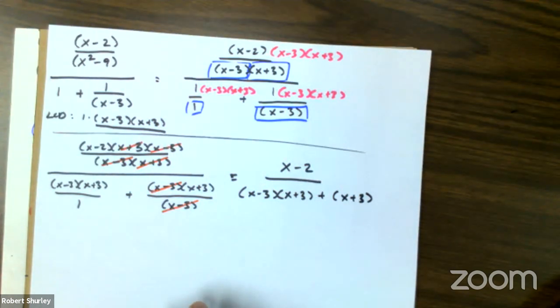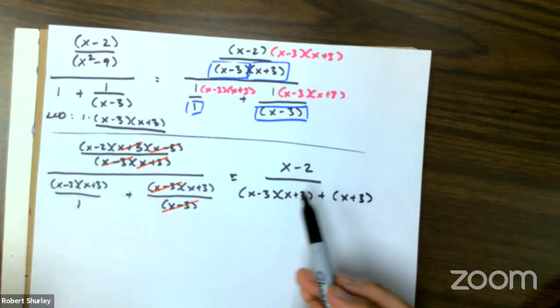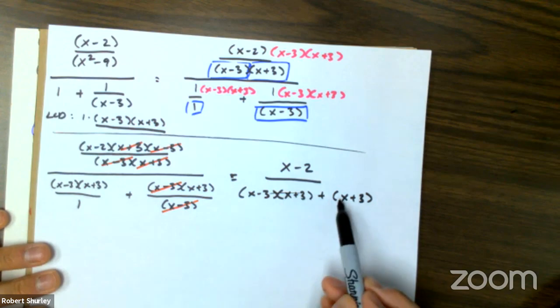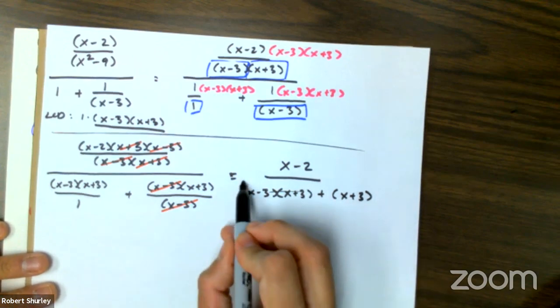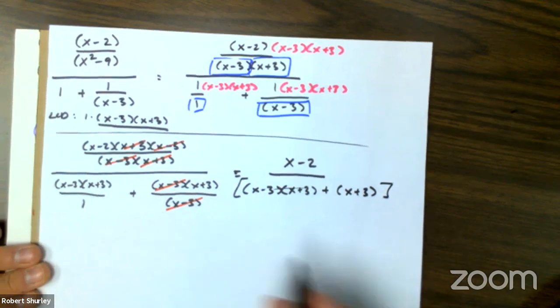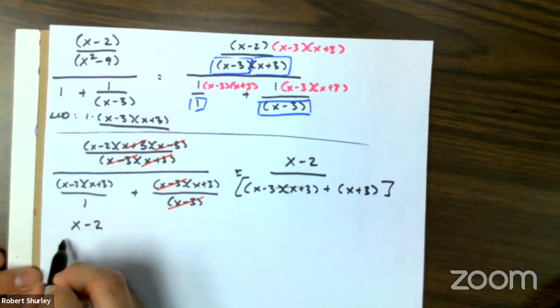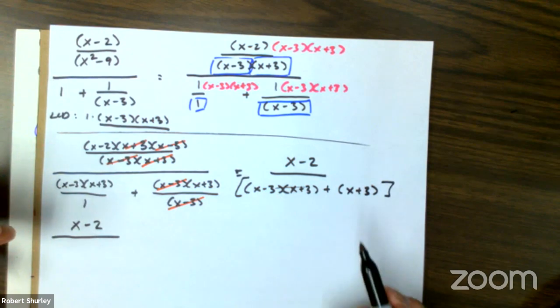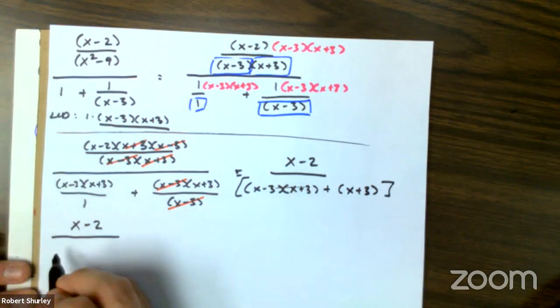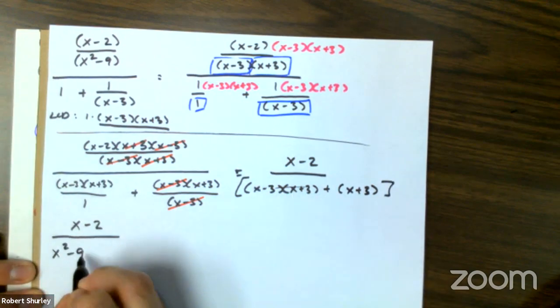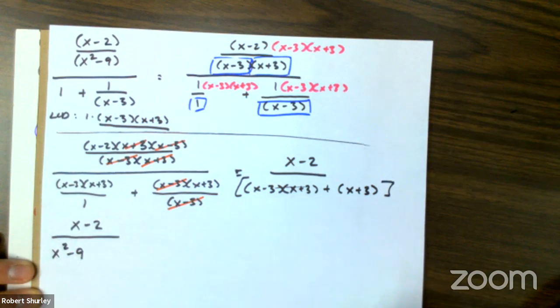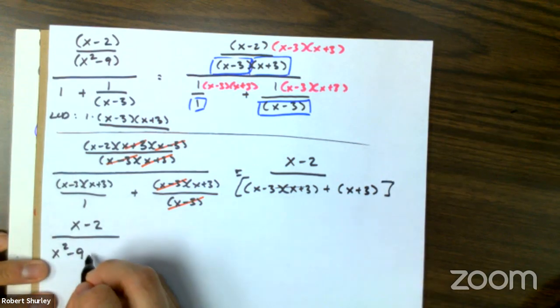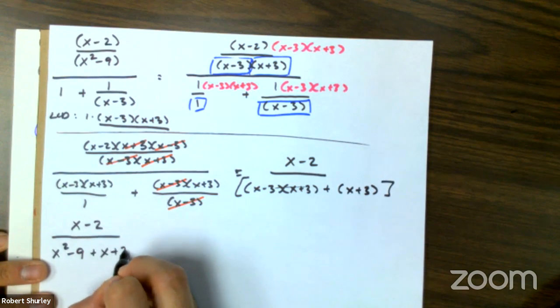Questions so far? Okay, so we've got to FOIL this out and then add it with this x plus 3, right? We're going to focus on this denominator now. So the numerator's fine, it can stay put. If you FOIL this out, you get x squared minus 9. It's difference of squares, right? x squared minus 9 would factor into x plus 3, x minus 3. And now you've got to add that with x plus 3.